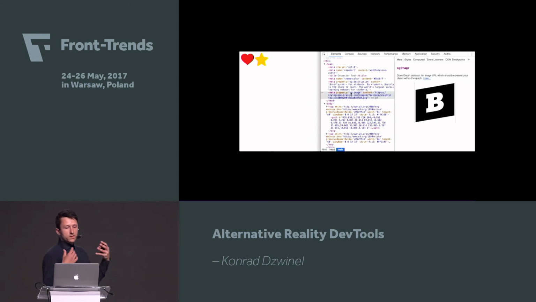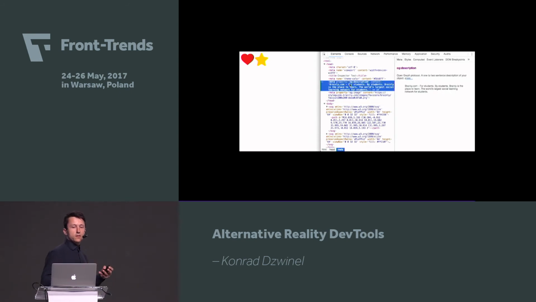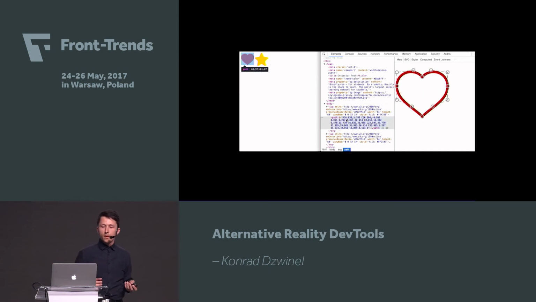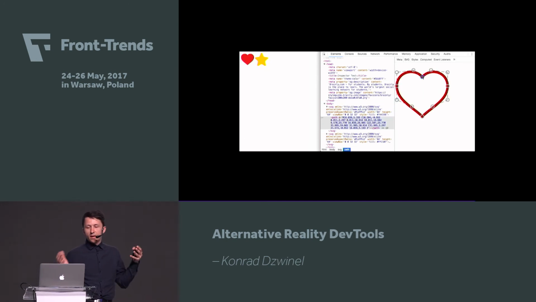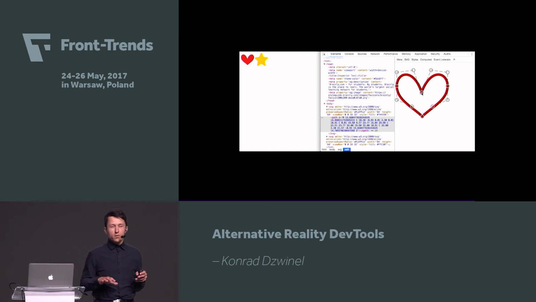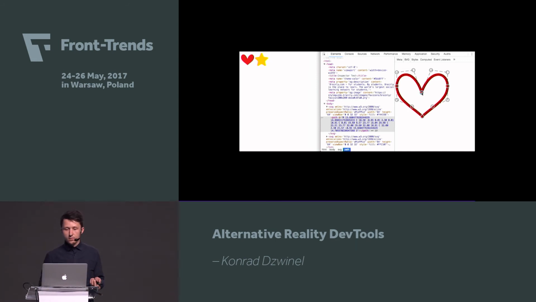So here, when we are selecting a meta tag, we get a preview of the elements, a useful preview, and also a description. And for SVG paths, we get an SVG editor. This is absolutely possible to implement today, and actually, SVG Editor is something that I'm working on, and hopefully I will be able to deliver it to both Chrome and Firefox DevTools at some point.